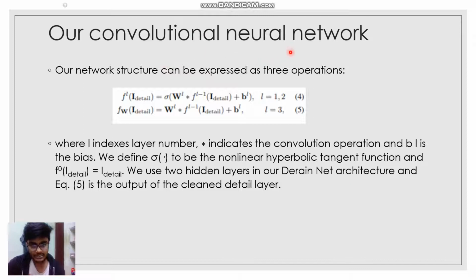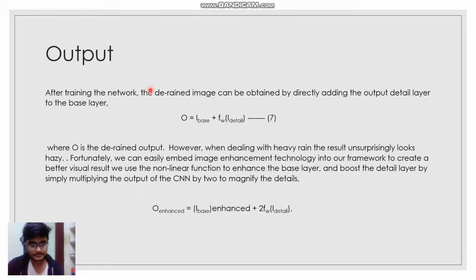Our convolutional neural network has three layers, and these equations represent the convolutional neural network. We use two hidden layers in our DNet architecture. The output is I base plus the result of the convolutional network on I detail. But by using this equation, the outputs are generally hazy.